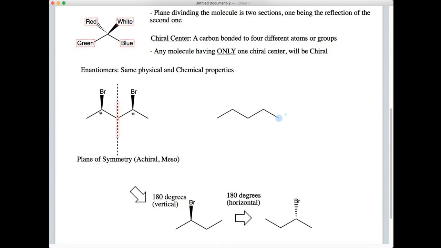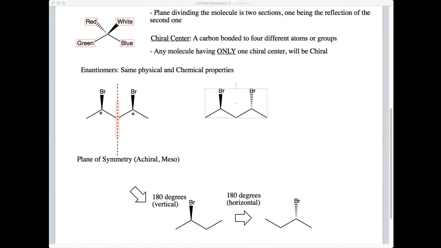Okay, I'm going to show a second molecule here. This second molecule, so I'm going to pull another question here.